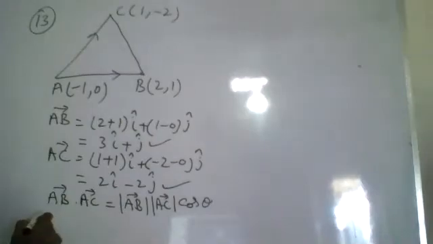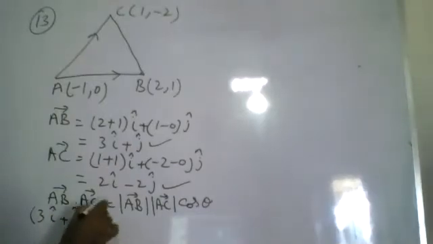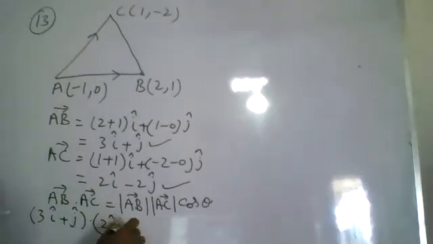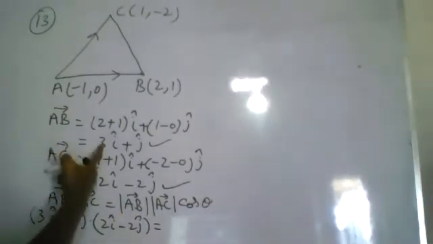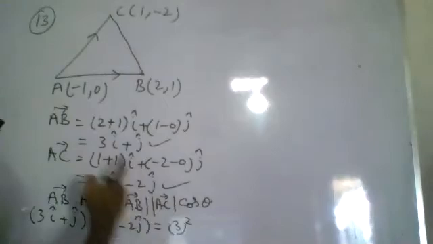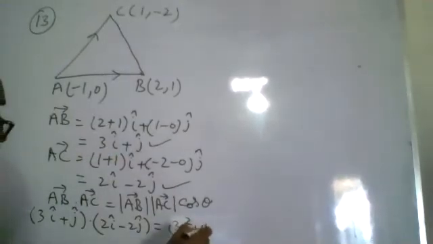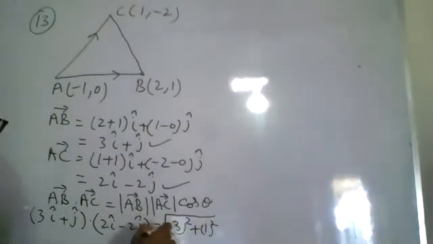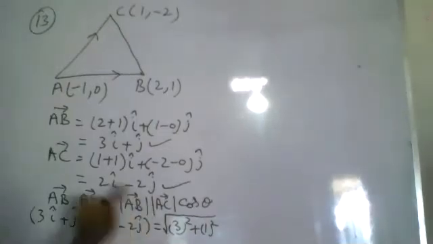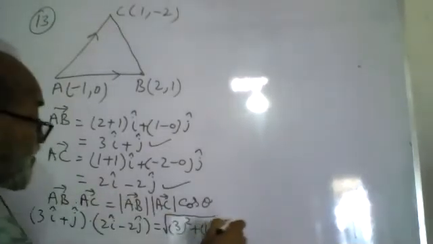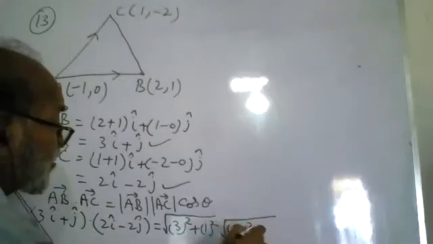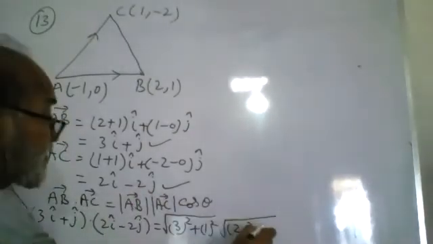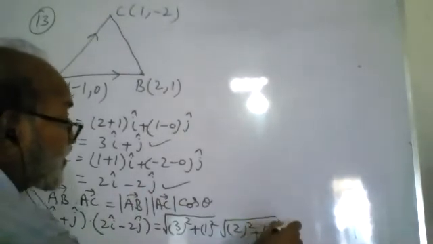AB is 3i plus j, dot AC is 2i minus 2j, is equal to the magnitude of AB, square root of 3 square plus 1 square, into magnitude of AC, square root of 2 square plus (-2) square, into cos of theta.